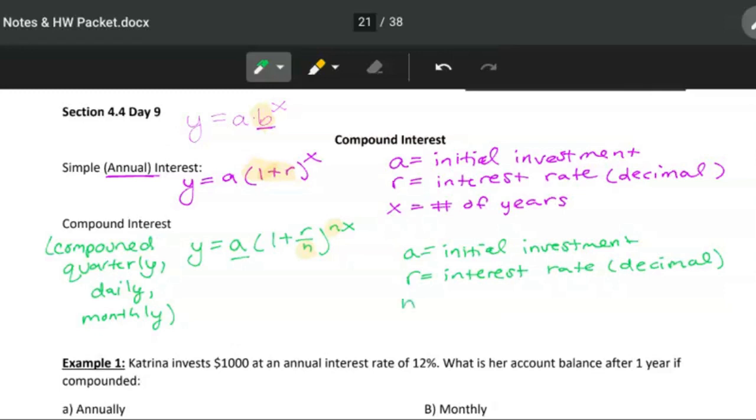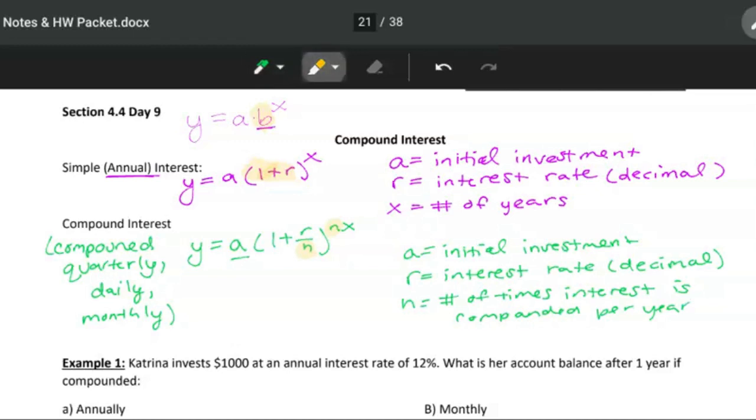N is going to be the number of times the interest is compounded per year. All right, so say if they tell you that the interest is compounded quarterly, there's 4 quarters in a year, N would be 4. You're getting that interest 4 times a year.